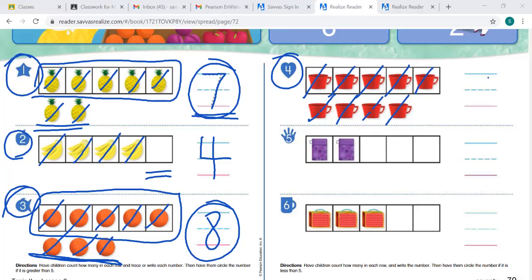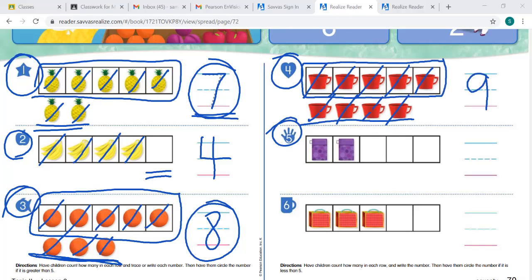Let's write the number 9. Is 9 greater or less than 5? Greater. As we can see, our 5 frame is full, and we have 4 extra mugs. We're not going to circle it because 9 is greater than 5. We're looking for numbers less than 5.